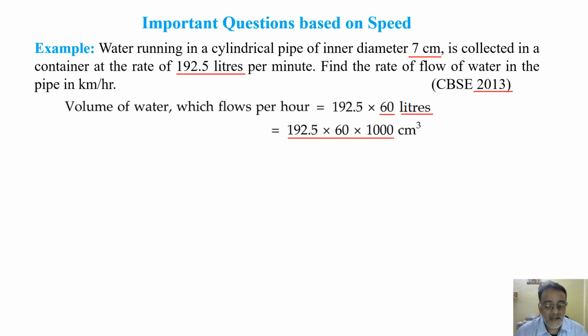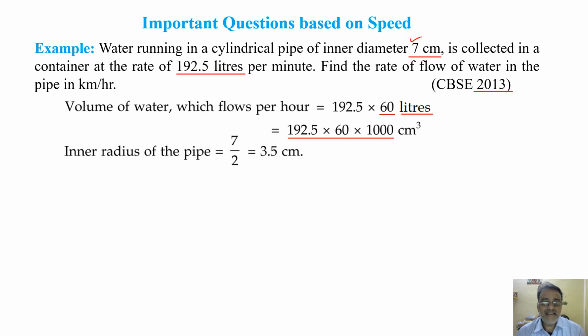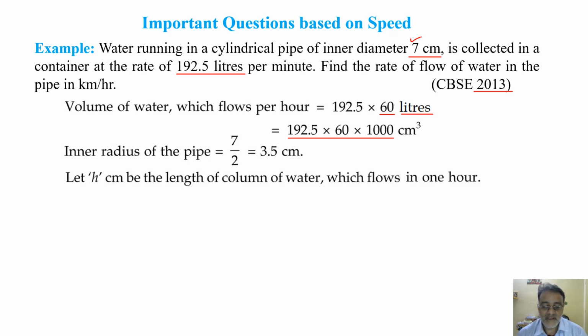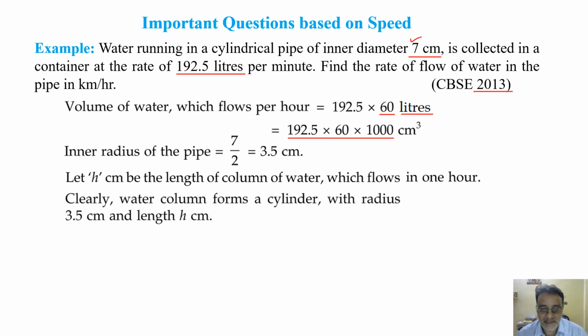Fine. Now inner radius of the pipe is given, diameter is given actually 7, तो radius हो जाएगा 7 by 2, that is 3.5. Now let h centimeter be the length of the column of water which flows in 1 hour. Clearly the water column जो है that will form a cylinder क्योंकि पाइप से निकल रहा है. ठीक है. और radius is given 3.5 centimeter and height is given, length is given h centimeter.